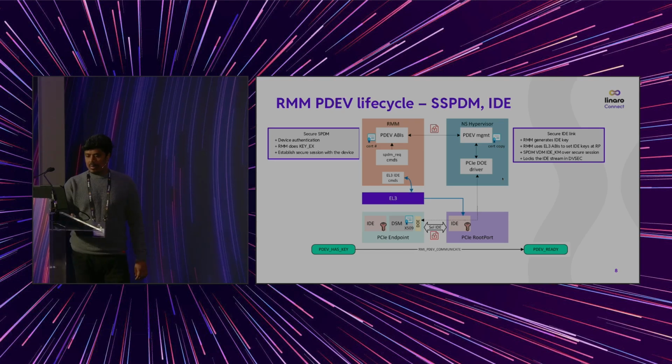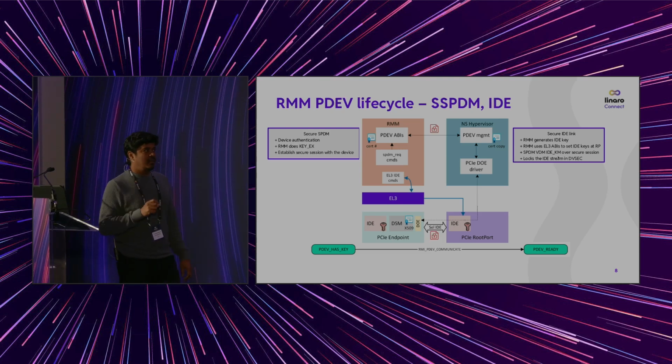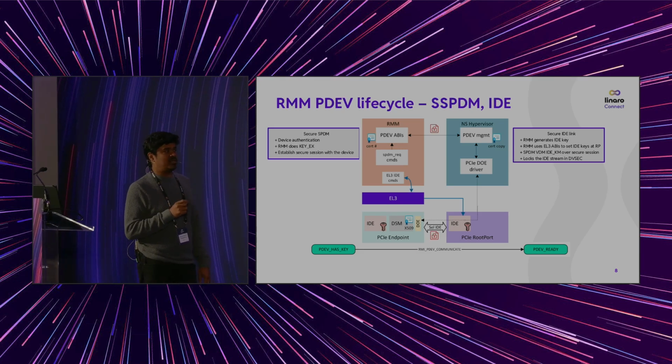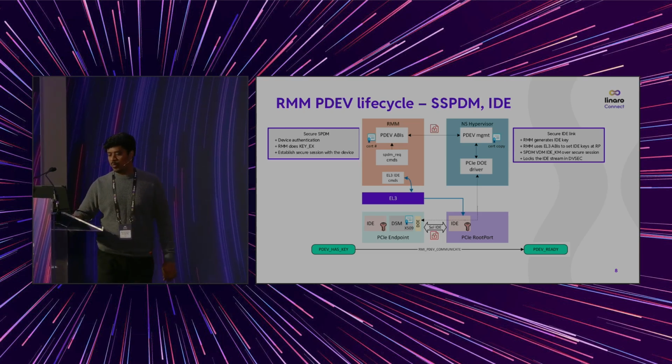The next step is that the RMM generates the IDE keys, which will be used by the EL3 IDE commands through the EL3 interface and down to the PCI root port. The keys are distributed both at the root port side and at the endpoint side.